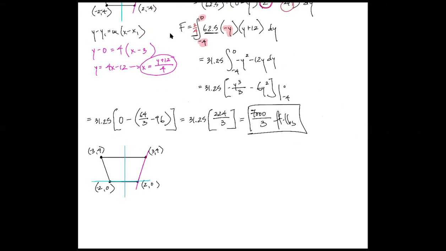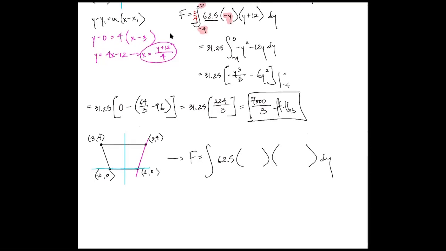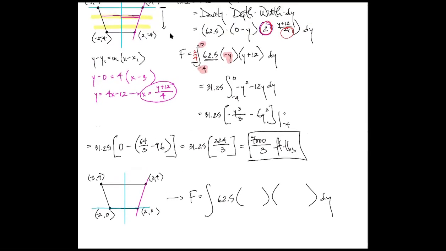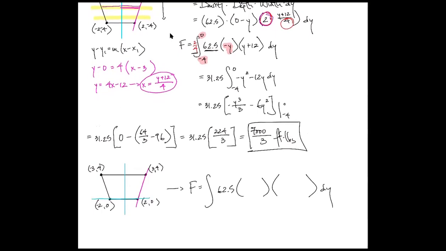So if that's what your diagram looks like, let's see if we can set up an integral. We know we still have the 62.5. We need to figure out the depth, and we still have our 1/2 y plus, well, I don't know, let's make sure we still have that. All right, if we wanted to represent the depth here, what are people's thoughts on how we would represent that depth?